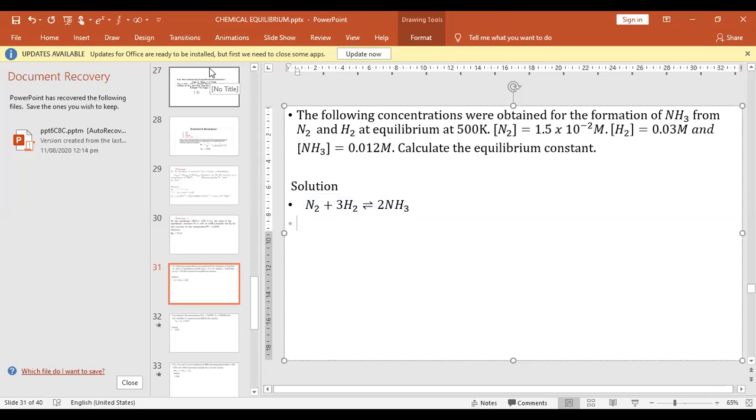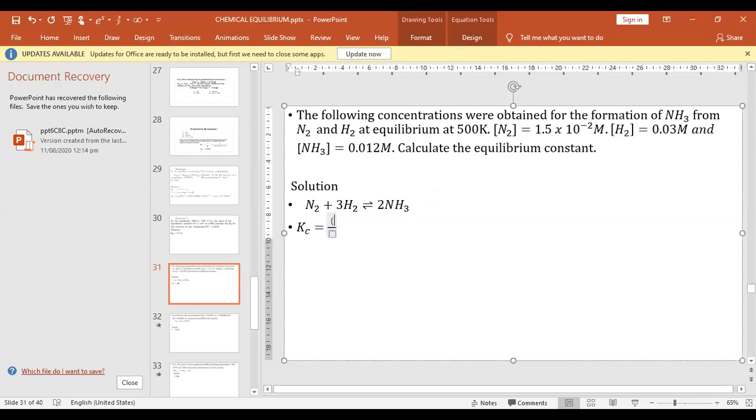So Kc should be equal to a fraction. That will be the concentration of ammonia, the product, raised to the power 2. Is that okay for all of us?